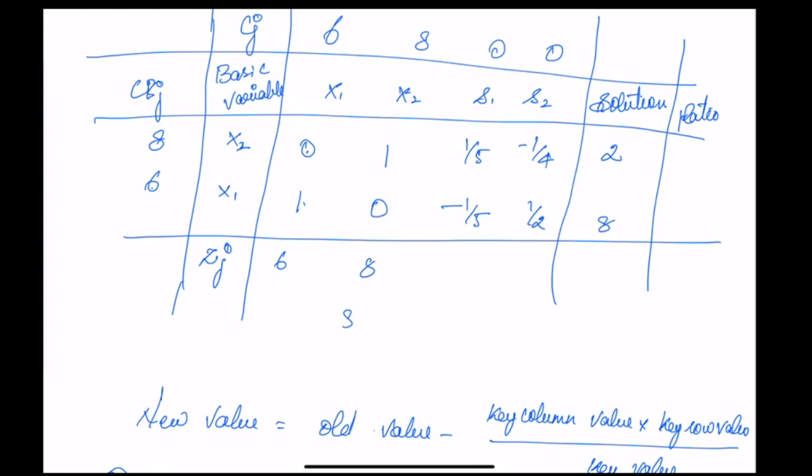Next we have 8 into 1 by 5 plus 6 into minus 1 by 5. That is 8 by 5 minus 6 by 5, which is 8 minus 6 by 5, equal to 2 by 5. So here we have 2 by 5.